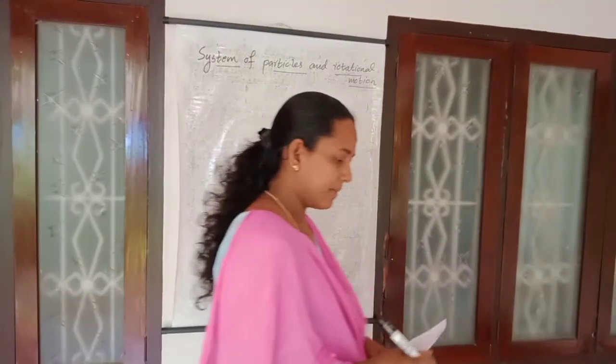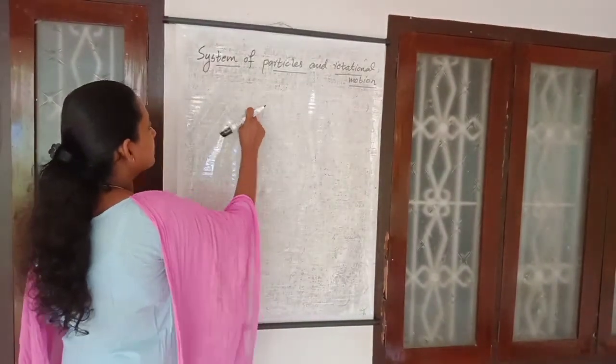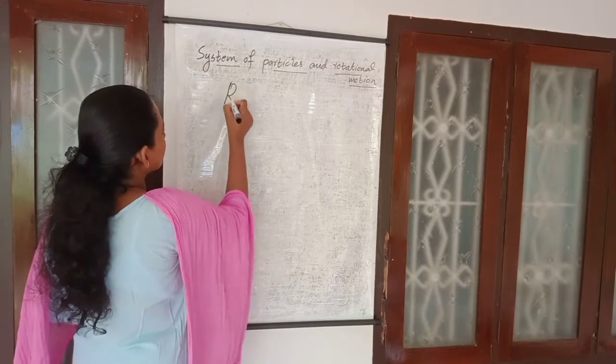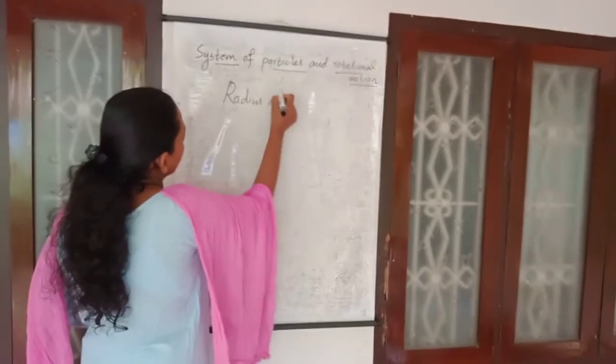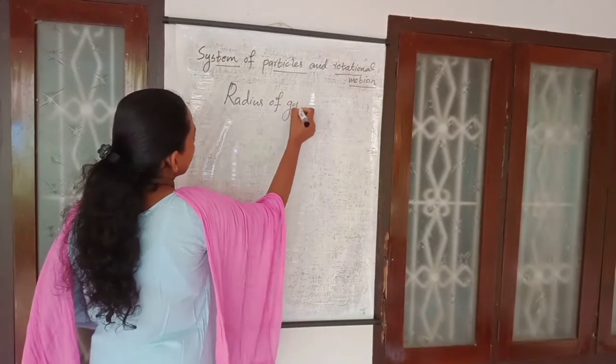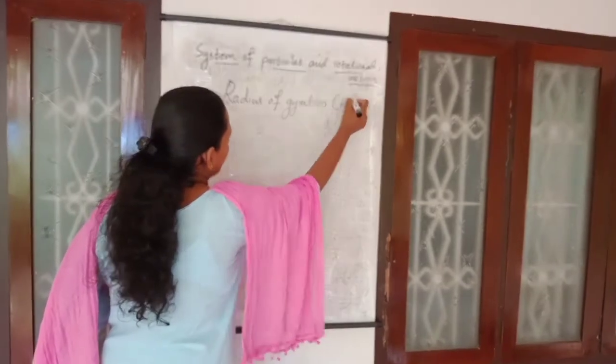While discussing the moment of inertia of a body, there is another important term that comes up, the radius of gyration, and it is represented by the letter k.